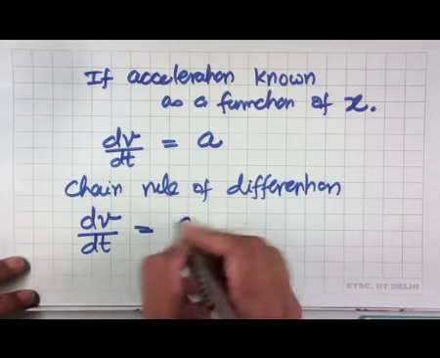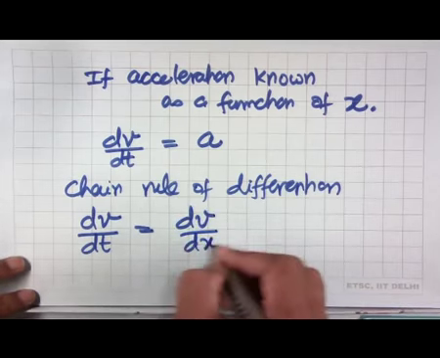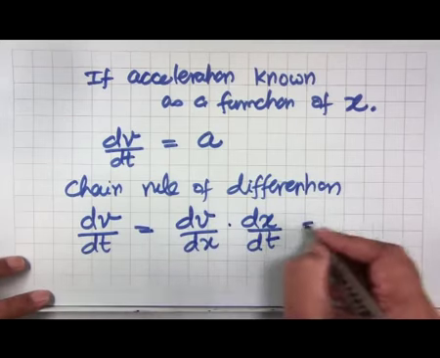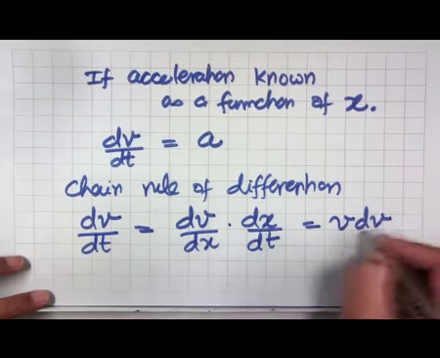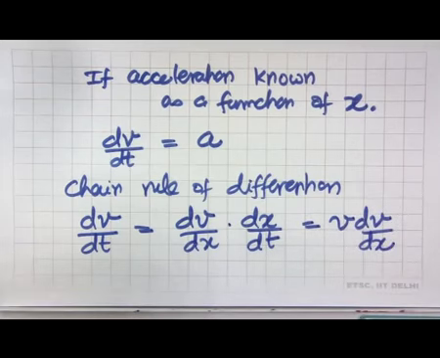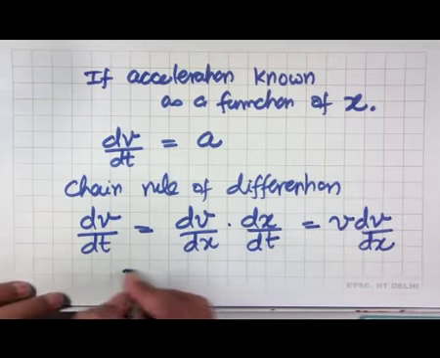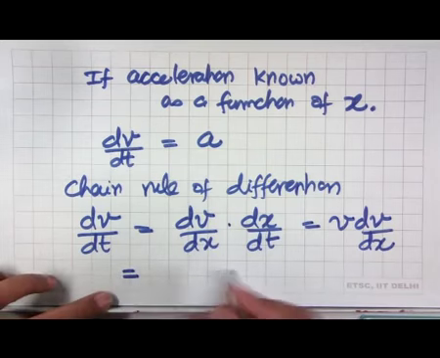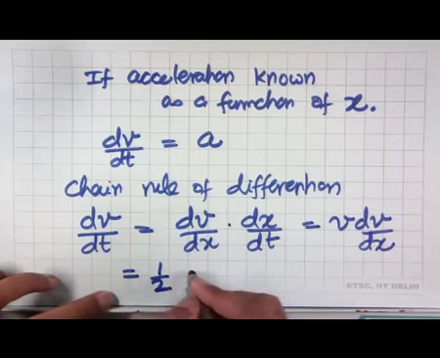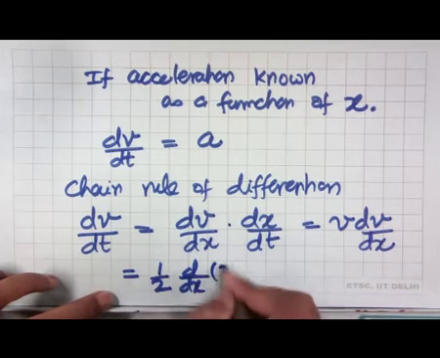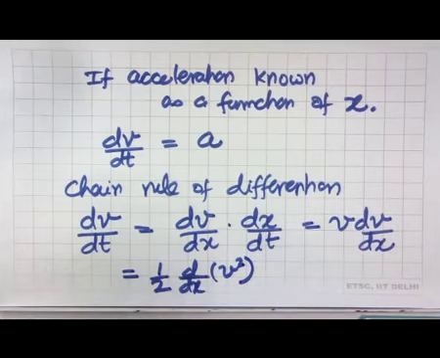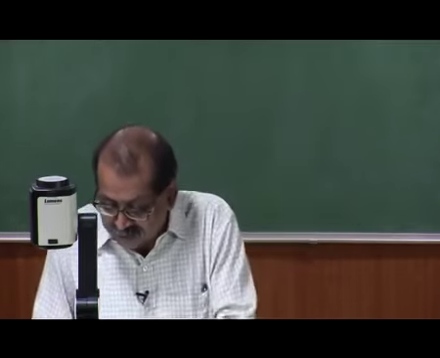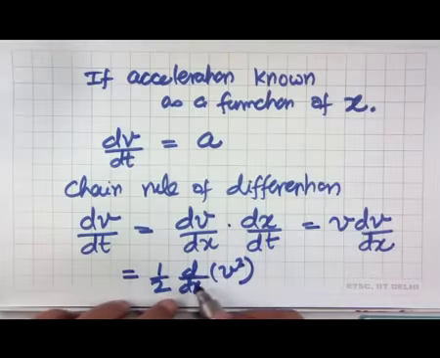This can be written as dv by dx times dx by dt, and dx by dt is velocity. So, this becomes v times dv by dx. And from the product rule of differentiation, we also realize that this is nothing but half times d by dx of v square. Once you know the differential formulas, these things will become very simple, but otherwise if you do not understand that, just look at it.